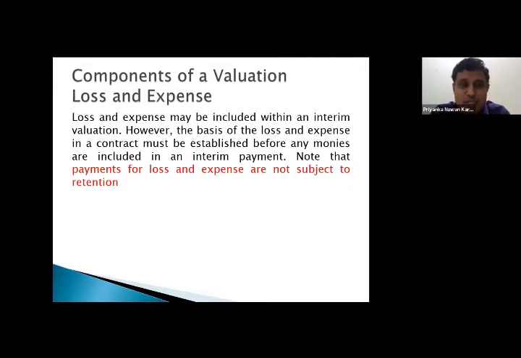So these can be considered as other payments, because if you are applying the same formula and if you are applying another element to the works executed as loss and expense, this particular red colored term cannot be exercised because it will be subjected to 5% deduction. Sorry, 10% retention up to 5% ceiling. So this very clearly mentioned that payments for loss and expenses are not subject to retention.